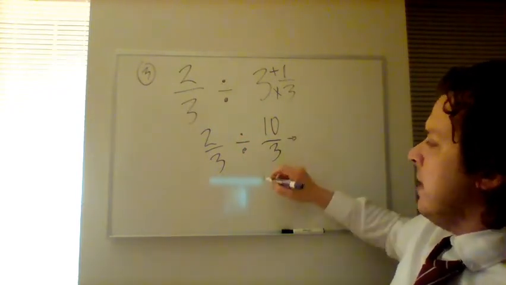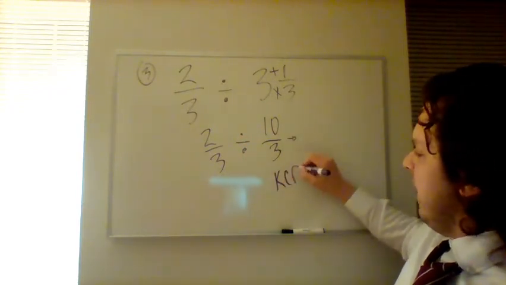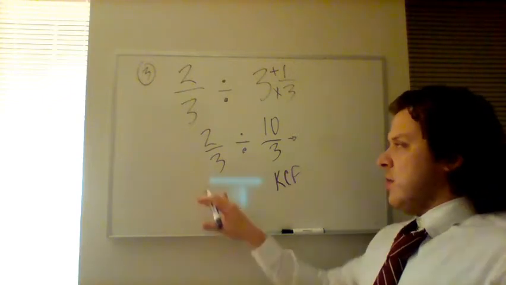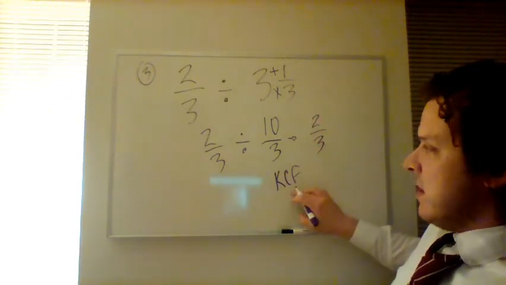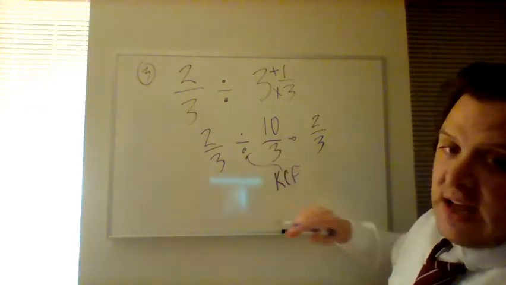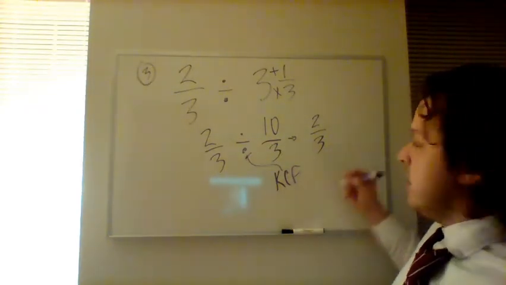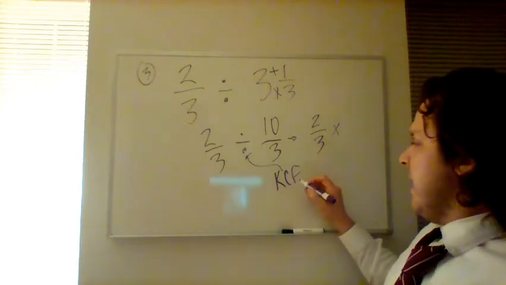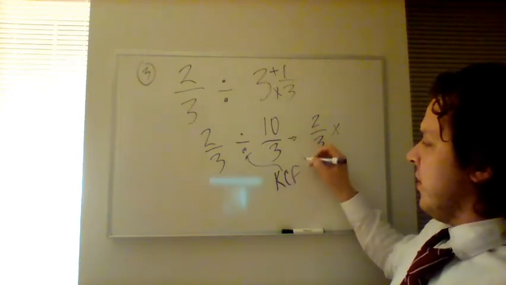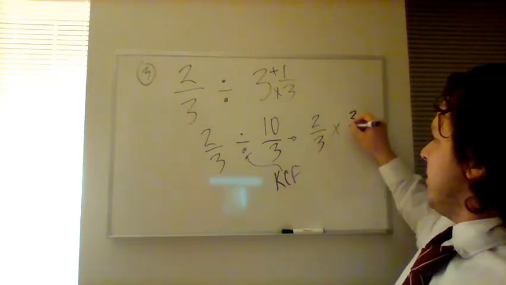So let's do keep, change, flip. The 2/3 is what keeps, so it's going to stay as 2/3. The change always talks about the sign. We're going to change it from division into multiplication. And then the flip is the 10/3. So 10/3 flips to 3/10.